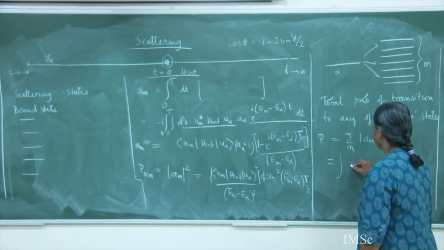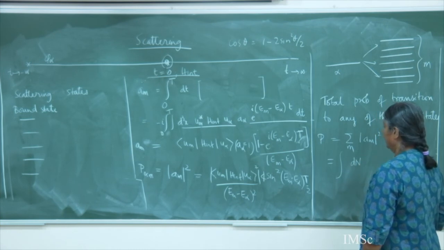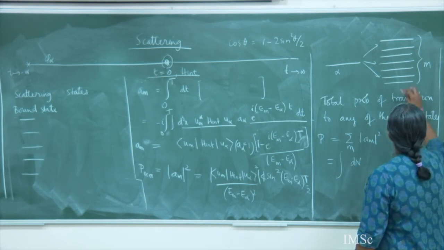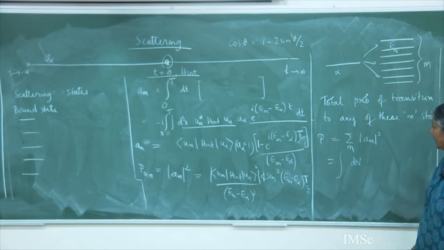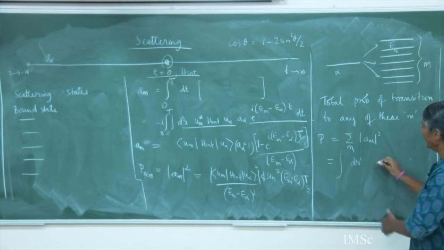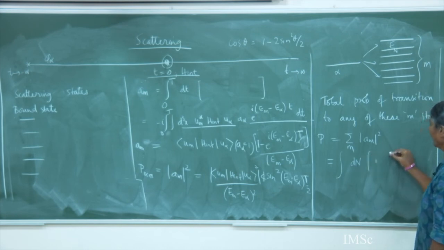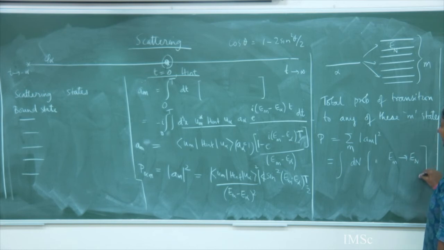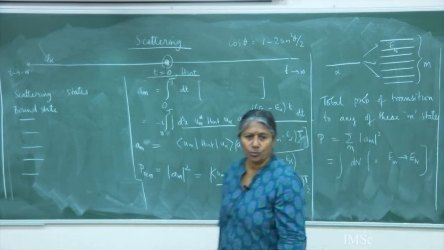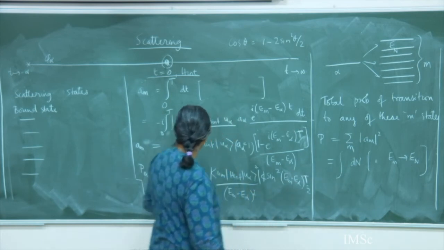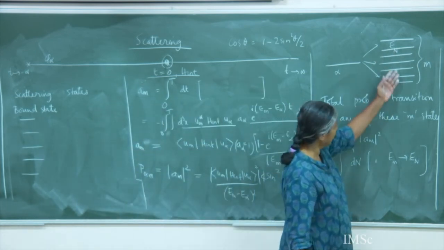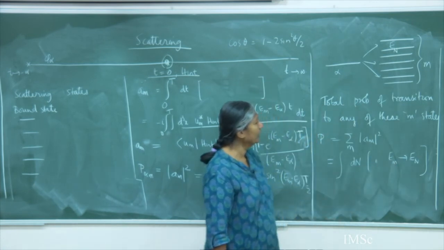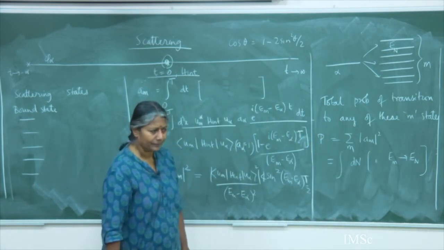So I can write it as the integral dn, and I can assign the energy E_n, and I can replace E_m with E_n. Is it clear? This is the probability of transition to one particular state m, but if I can think of a continuum of states, then I have integration over dn of these states.